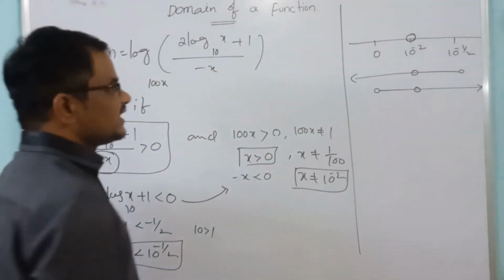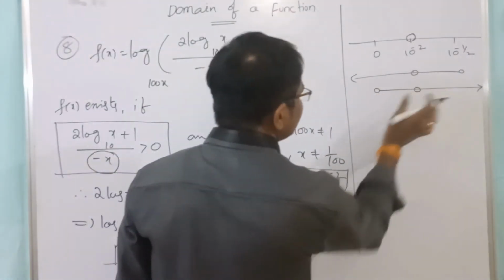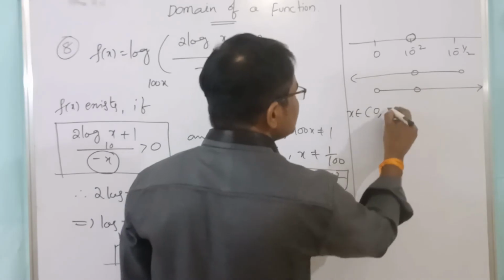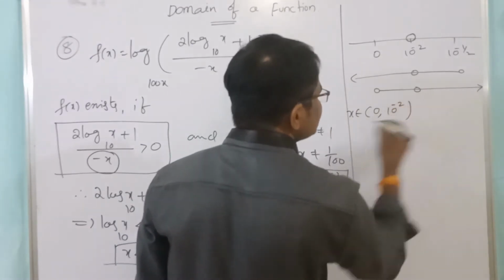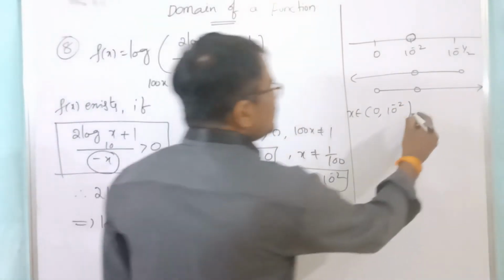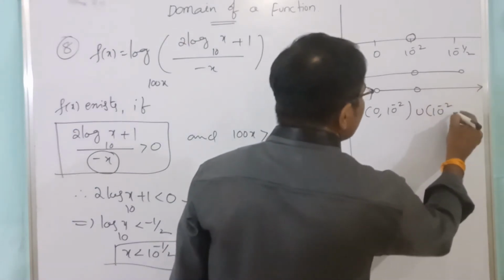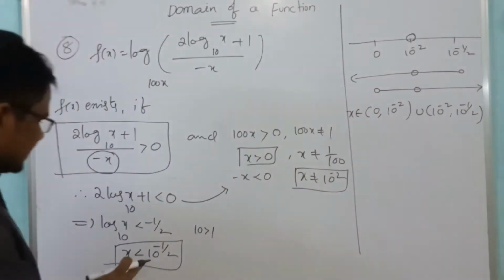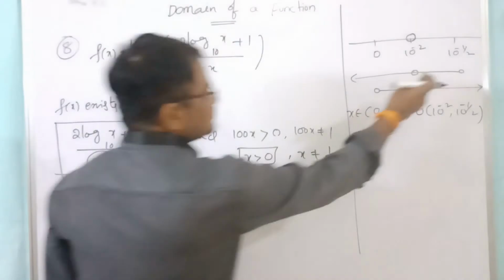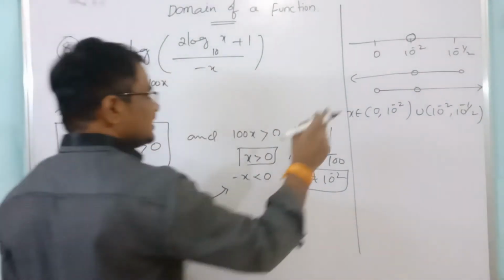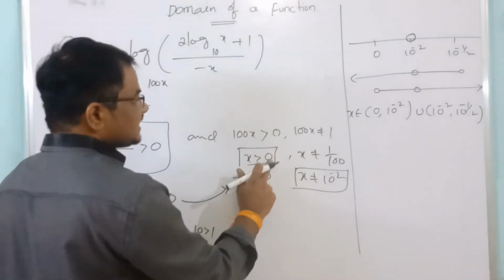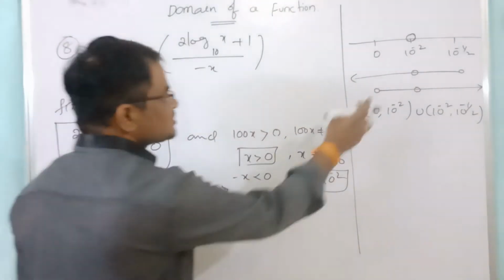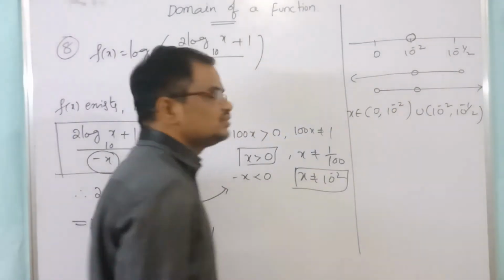So what is the final answer? x belongs to 0 to 10 to the power of minus 2, union 10 to the power of minus 2 to 10 to the power of minus 1 by 2. Once again, x is less than 10 to the power of minus 1 by 2 on this side, and x greater than 0, but 10 to the power of minus 2 we can't take.